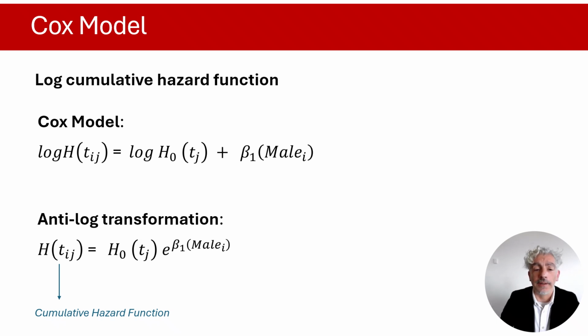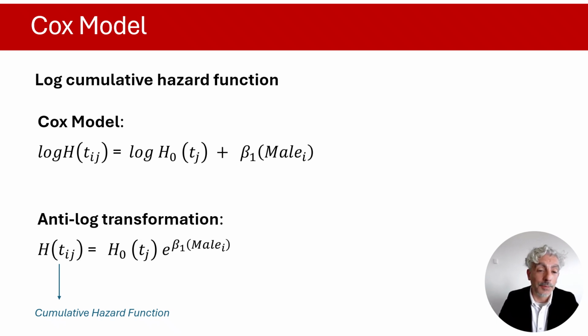So the result is that when we consider the hypothetical or estimated cumulative hazard function for males and females postulated by the model, these cumulative hazard functions will not be equidistant. Whereas when we are considering the log of the cumulative hazard function, the distance between males and females will be constant over time.